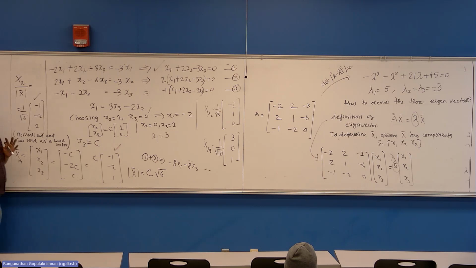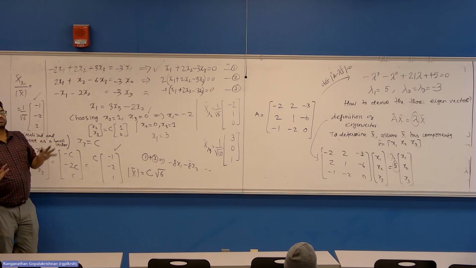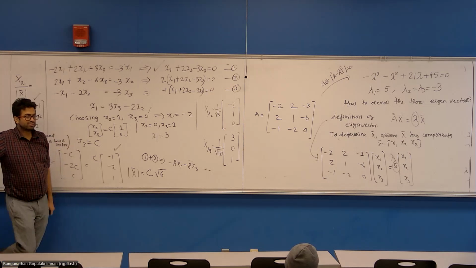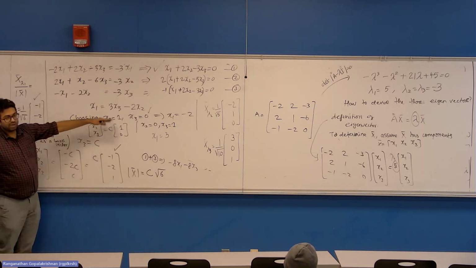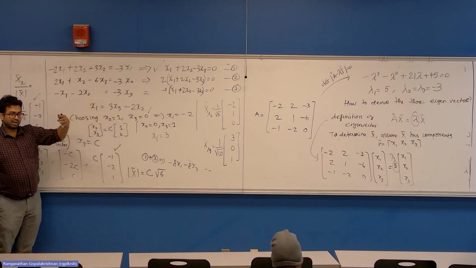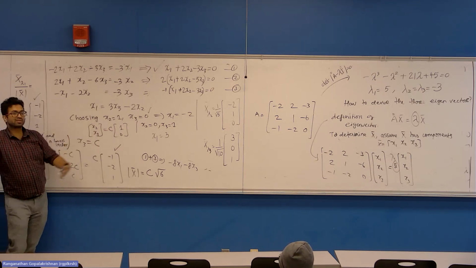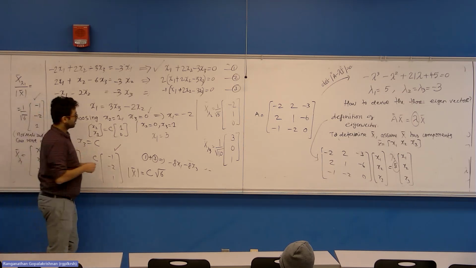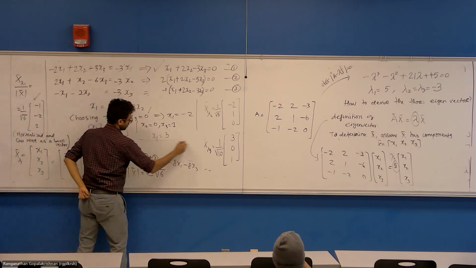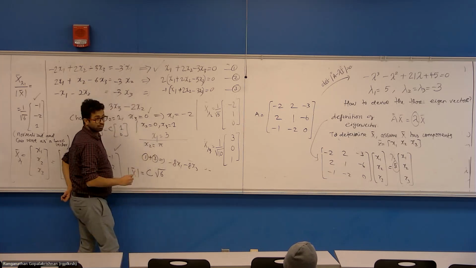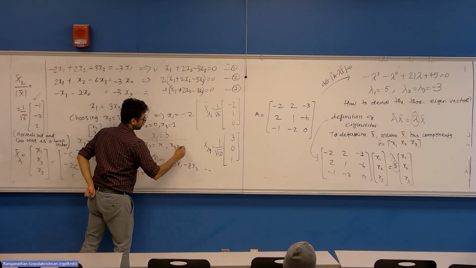Question: are these the only possible set of eigenvectors for this matrix? No. Why? You can take different values. You could keep taking different combinations which are linearly independent and generate a whole infinite set of eigenvectors. Like for example, just for argument's sake, you can choose x2 equals pi and x3 equals e.